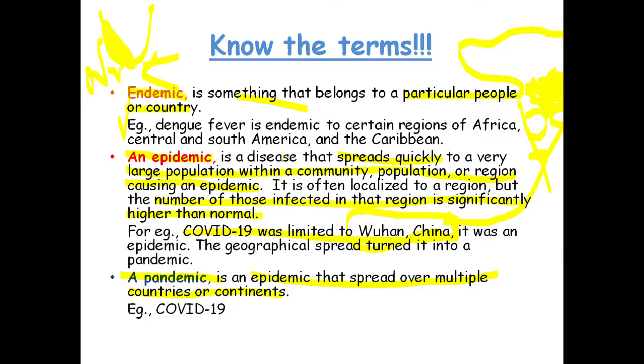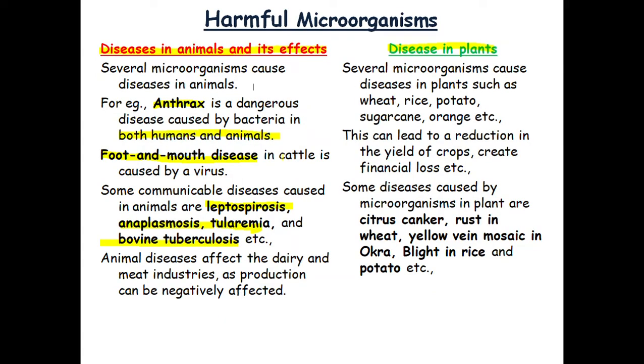An example is COVID-19. Next are harmful organisms, like anthrax, a disease caused by Bacillus anthracis. Foot and mouth disease occurs in animals. Other examples are leptospirosis, anaplasmosis, tularemia, bovine tuberculosis, etc. In plants, there are citrus canker, wheat rust, yellow vein mosaic in okra, and blight in rice and potato.